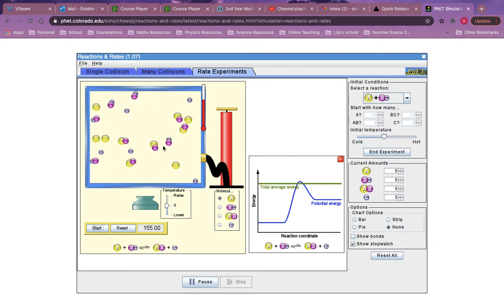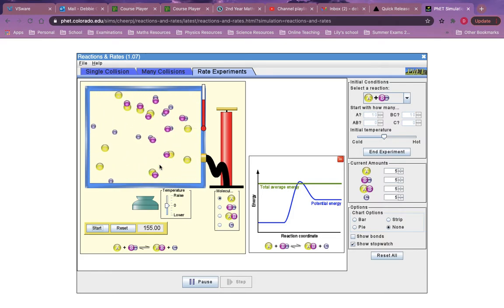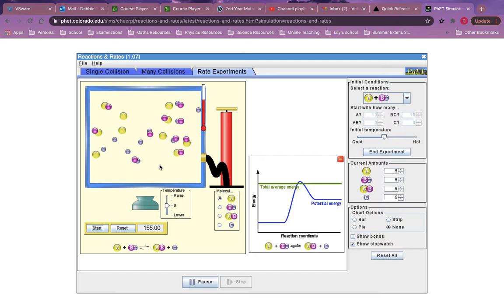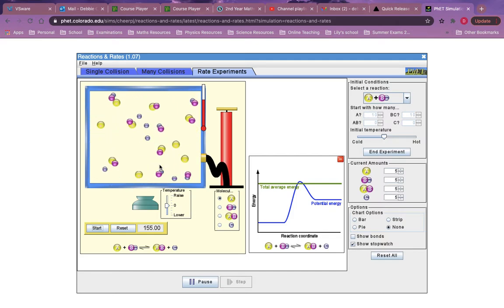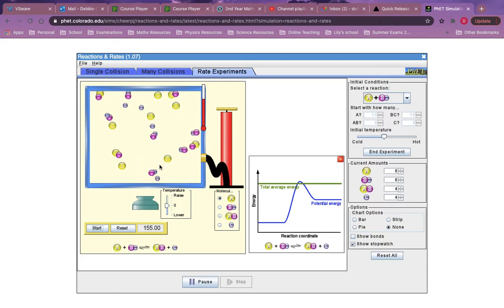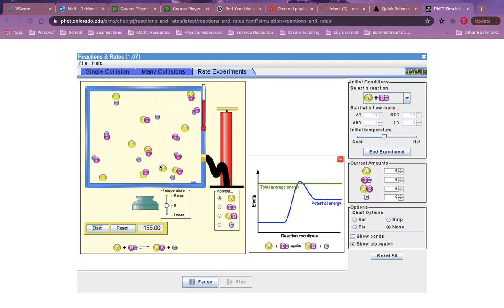The collision is so much more dramatic, and it's the same thing here. You get a more effective collision, and as a result the particles have enough energy. They have the activation energy, so they have enough energy to react and form products.